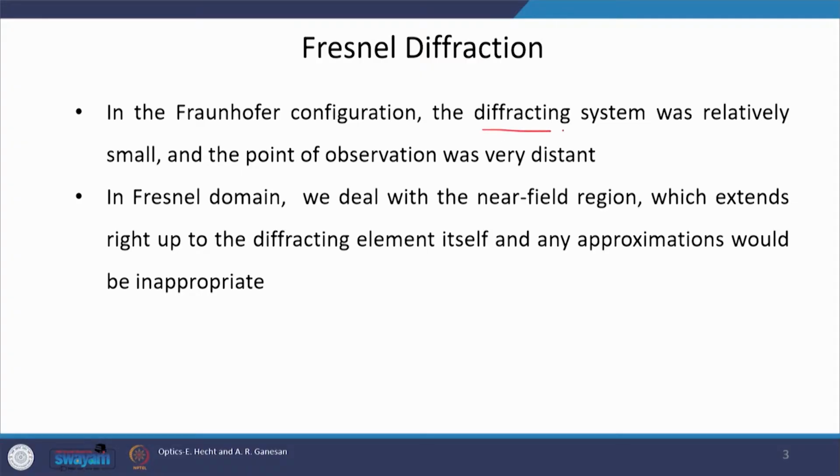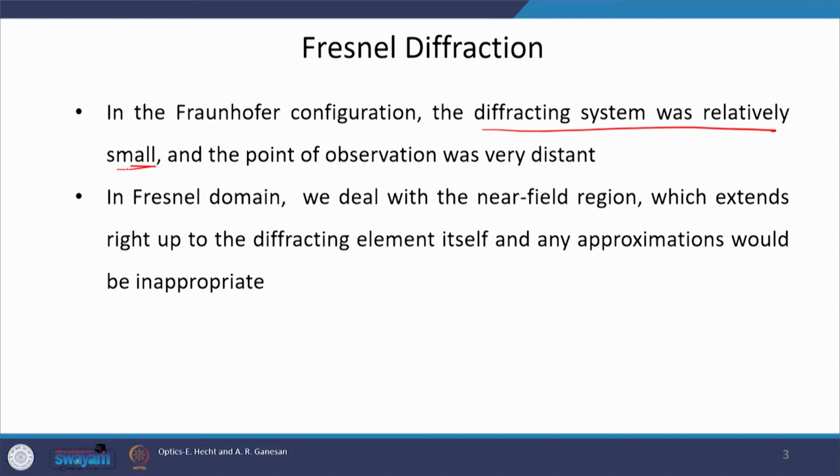Since this is the first lecture on diffraction, we must revisit what we studied, or what the conditions in Fraunhofer diffraction were. In the Fraunhofer domain, the diffracting system was relatively small.